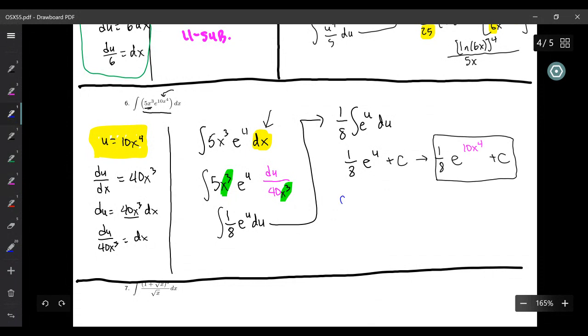And then if we check our work, right, so take the derivative of 10x fourth, that's a 40x cubed, e to the 10x to the fourth. All right, so 8 divided by 40 gives me 5. And if you look at your original problem, this does match the integrand, so I know that this is a correct answer.